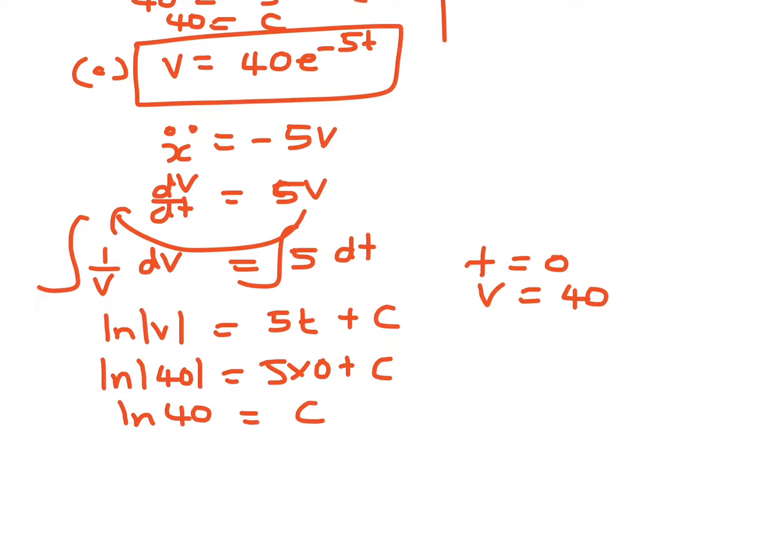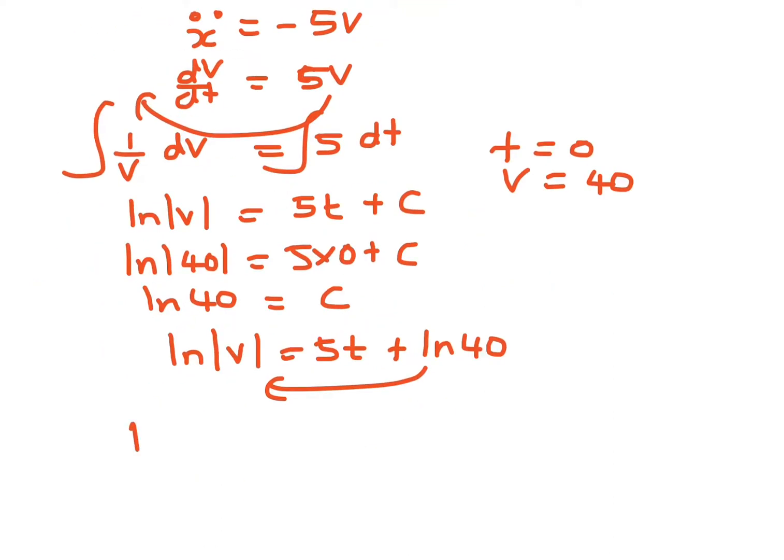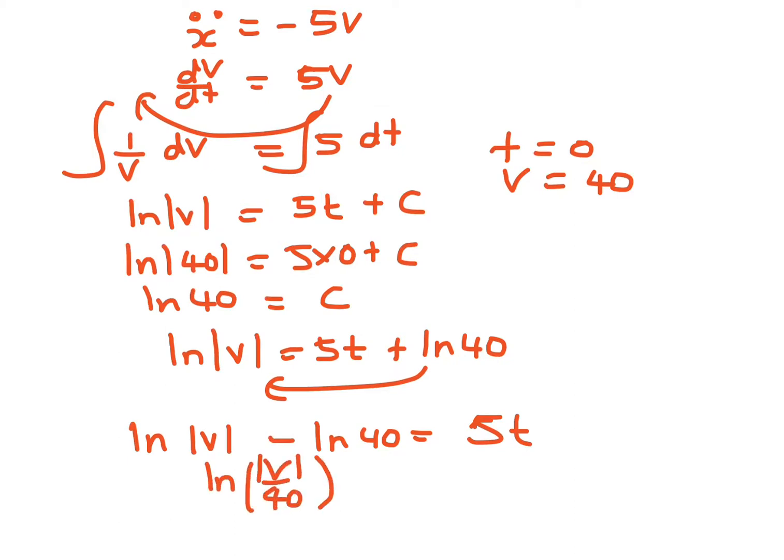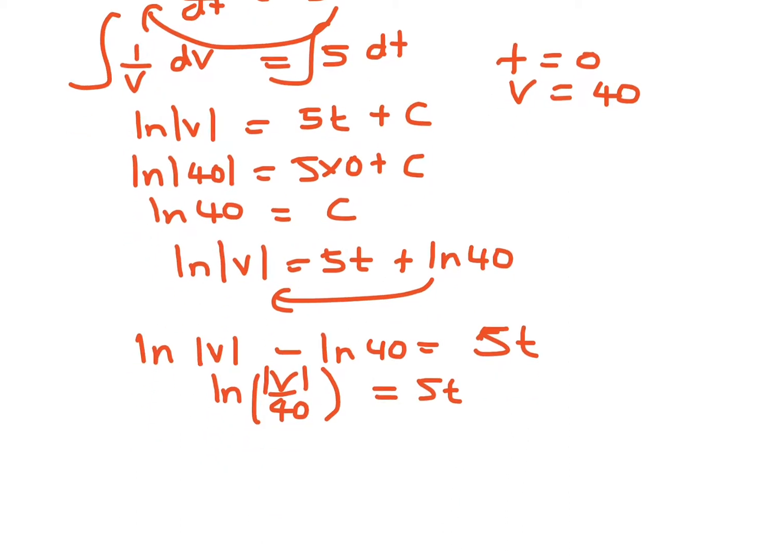So that means ln v equals minus 5t plus ln 40. Bring the ln 40 across: ln v minus ln 40 equals minus 5t, because you've got to group the log parts together. So that's ln of v on 40 equals minus 5t.